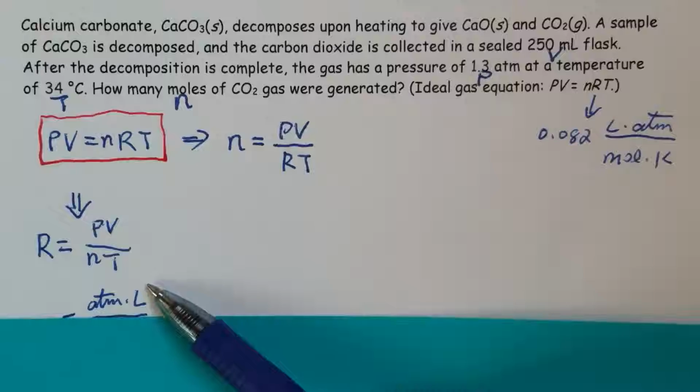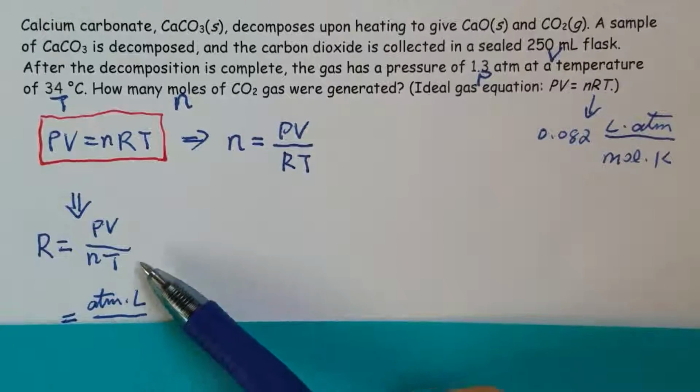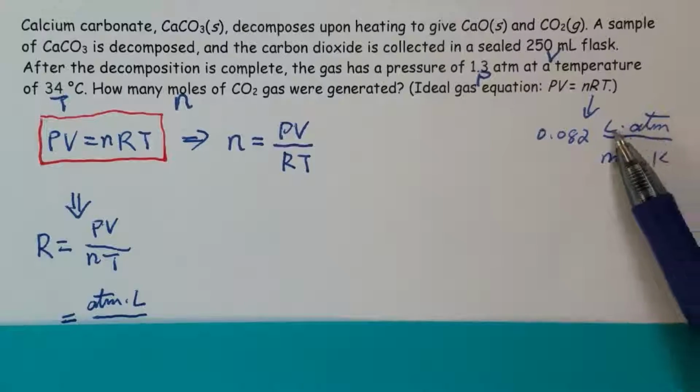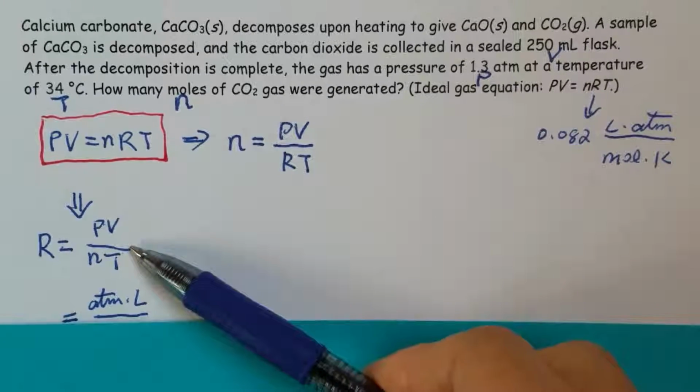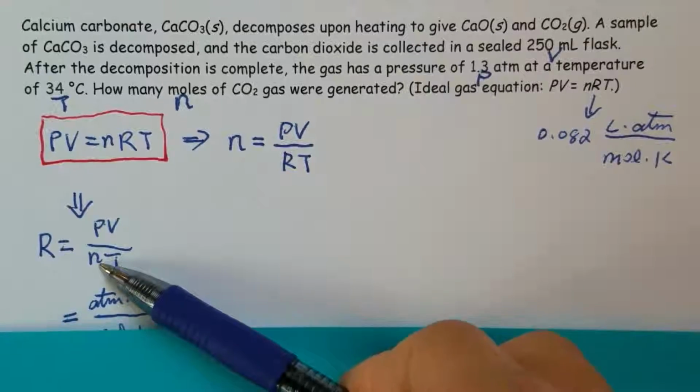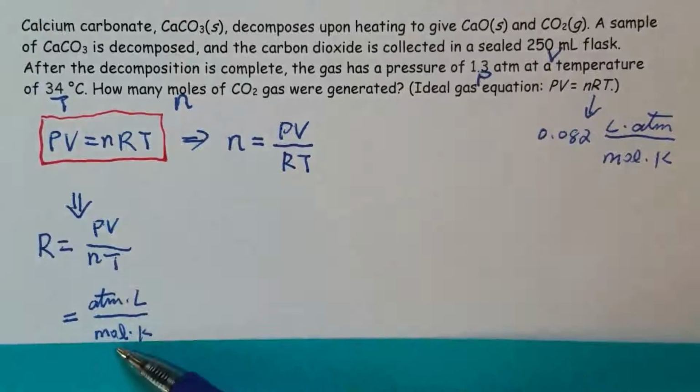So then for pressure, we use atmosphere, and for volume, we use liters. You see here, atmosphere and liters on top. And then on the bottom, the n should always be the number of moles, and the temperature should always be Kelvin. All right?